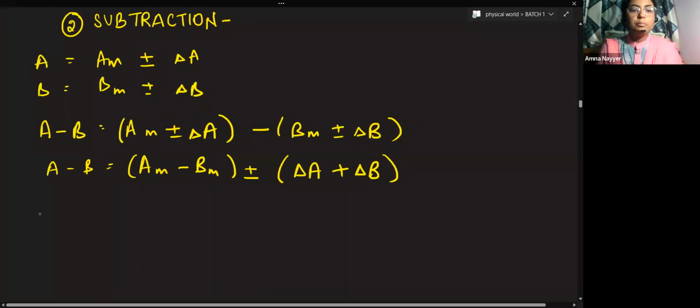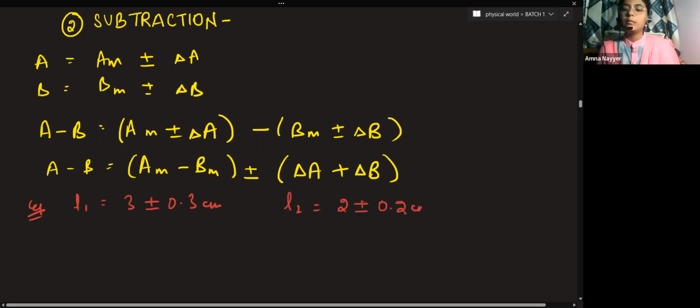So for example, let's take L1 is 3 plus minus 0.3 centimeters and the other length L2 is 2 plus minus 0.2 centimeters.